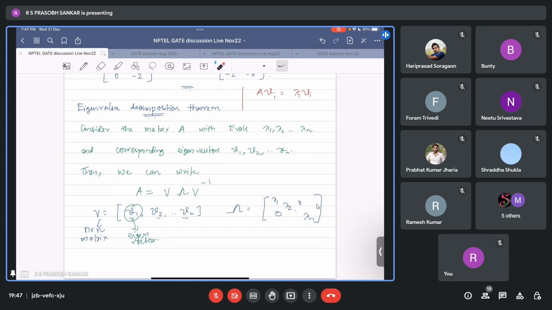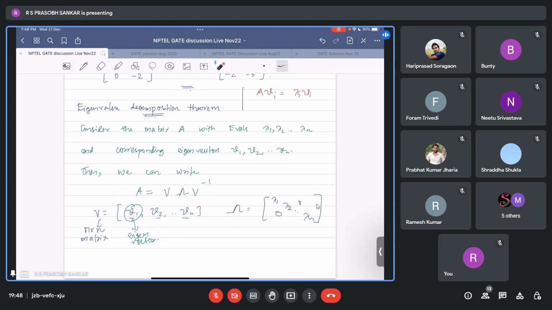If this is true, then it is possible to write the matrix A as V lambda V inverse, where V is an n cross n matrix with the ith column being the ith eigenvector. The first column of V is the first eigenvector v1, the second column is v2, and the nth column is vn.